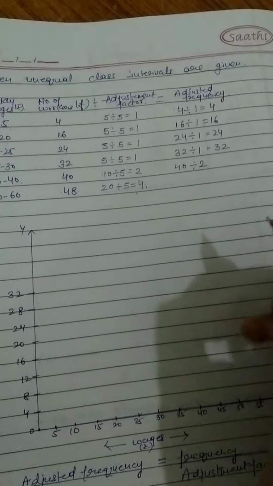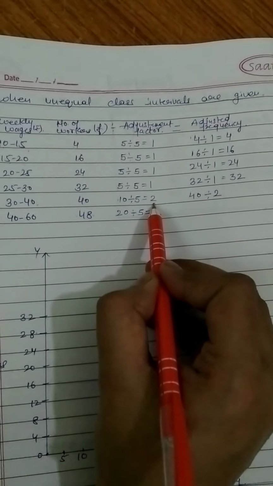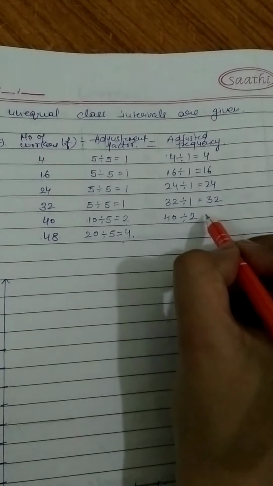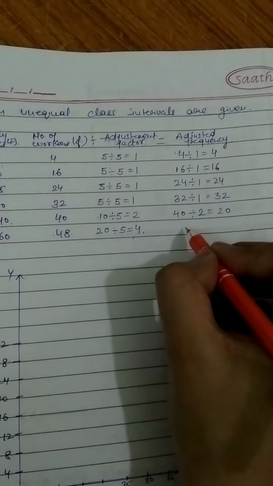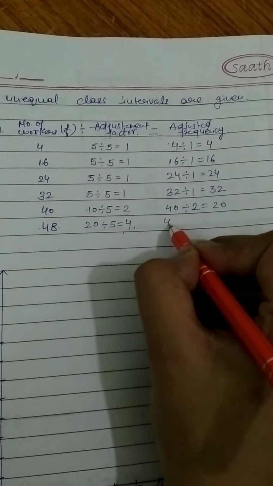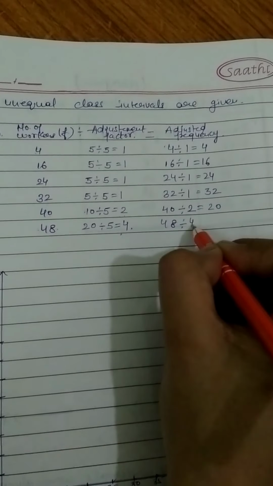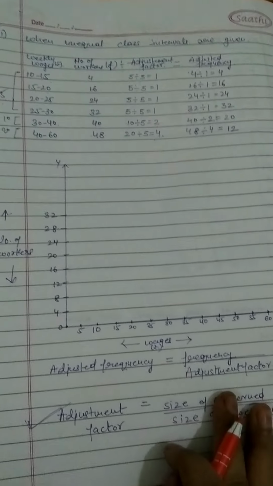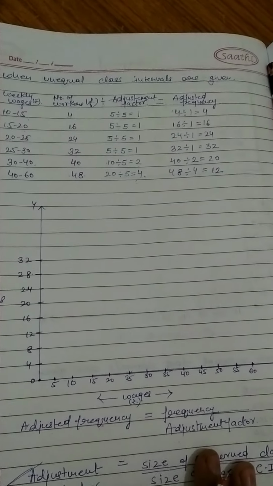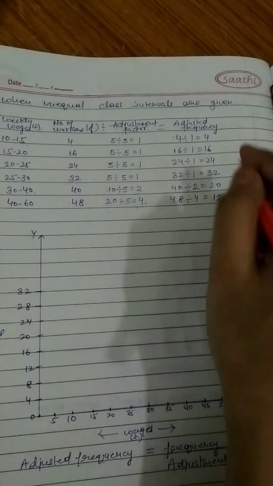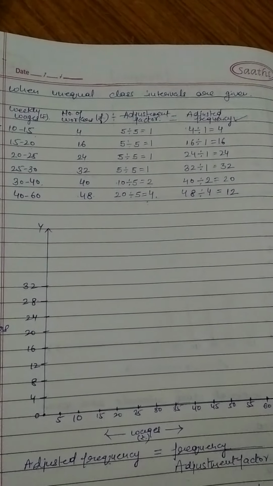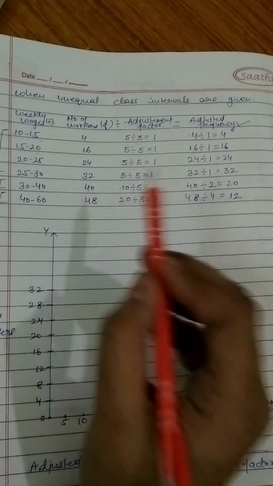Because adjusted frequency is equal to frequency divided by adjustment factor. So here 40 divided by 2, it is 20. Then 48 divided by 4 is equal to 12. So now when we plot frequencies on graph paper, we will take this adjusted frequency. We will plot adjusted frequency, not the given frequency.